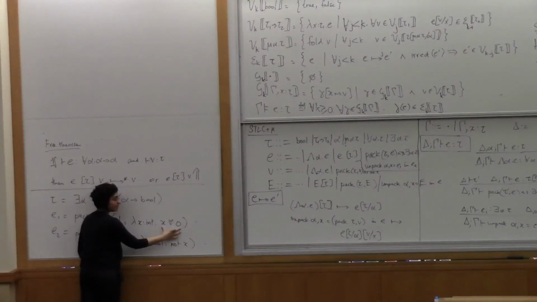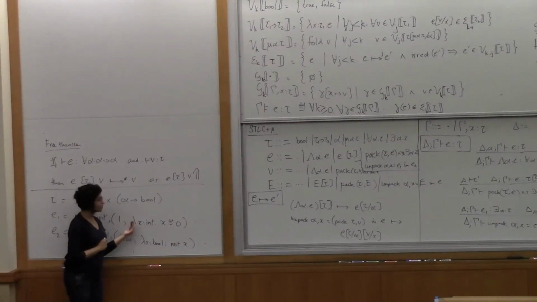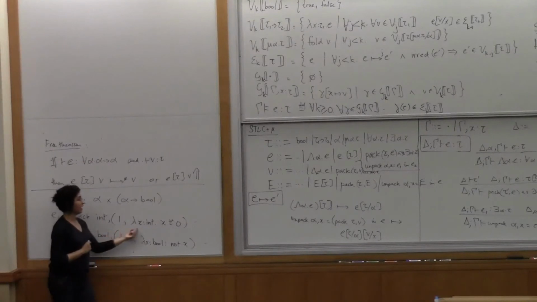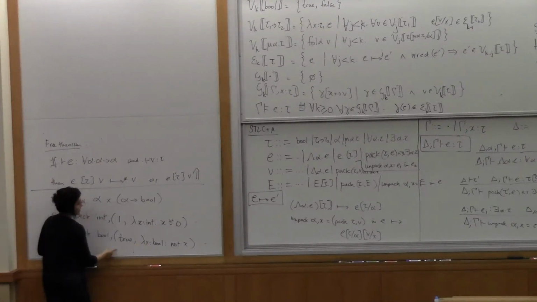So when we evaluate the function, it'll apply to 1. We'll be checking whether 1 is equal to 0, and we'll get false, right? So if you can ever call this function, if you can ever apply this function to anything, it'll always be this 1, and therefore the function will always return false. All right, let's look at what happens in this situation. Again, it's the same thing.